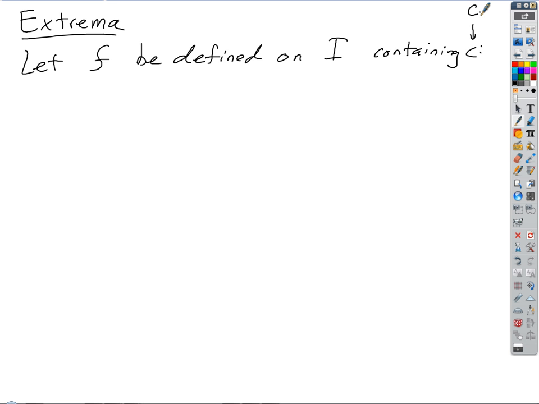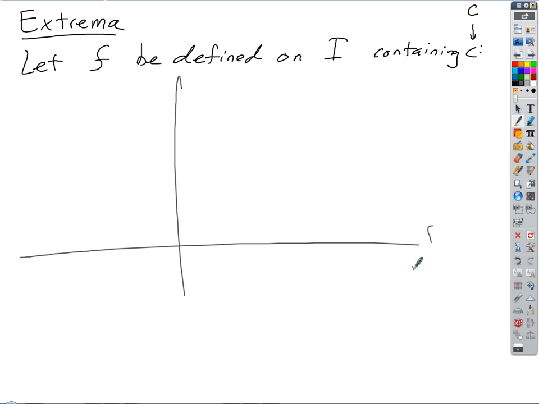So let's say this interval I is just some range of x values. We're going to say it goes from x1 up to x2, and somewhere on that is some point c. So here's our function.